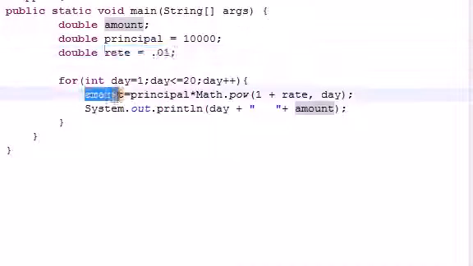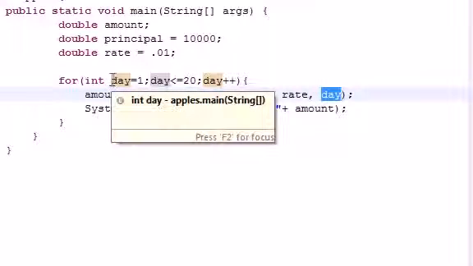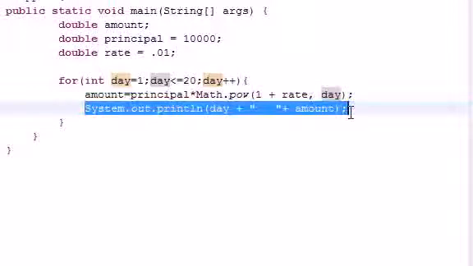We set the amount, which we don't know yet, equal to the principal times 1 plus the rate, 0.01, to the power of the day. This is where the for loop comes in handy, because the day goes 1, 2, 3, 4 all the way to 20. Next, we just output it on the screen.